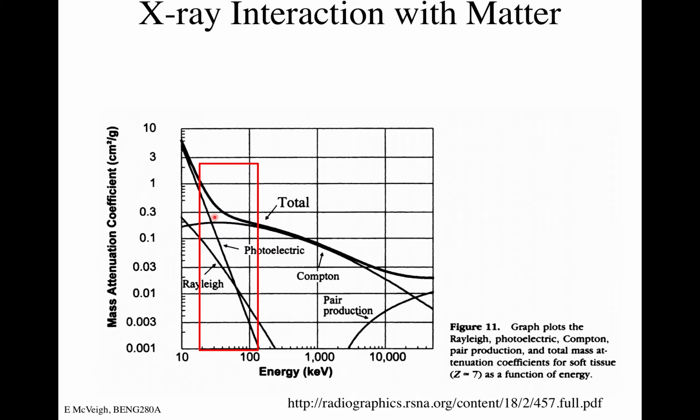Suppose we had a mono-energetic X-ray source. We could take a picture at, say, 20, 30, 40, 50 keV here, and the ratio of photoelectric to Compton would be this. Then we take a 200 keV picture and there's no photoelectric effect, it's all Compton. So those two pictures would look quite different. Now you've got multi-dimensional data for different tissues. That's called multispectral imaging. We might take a look at that.